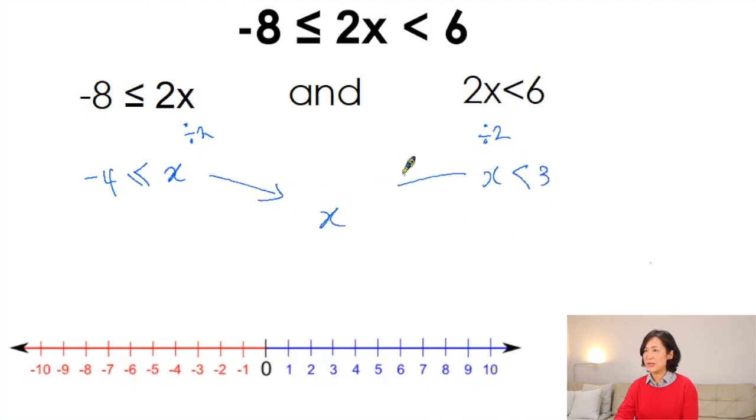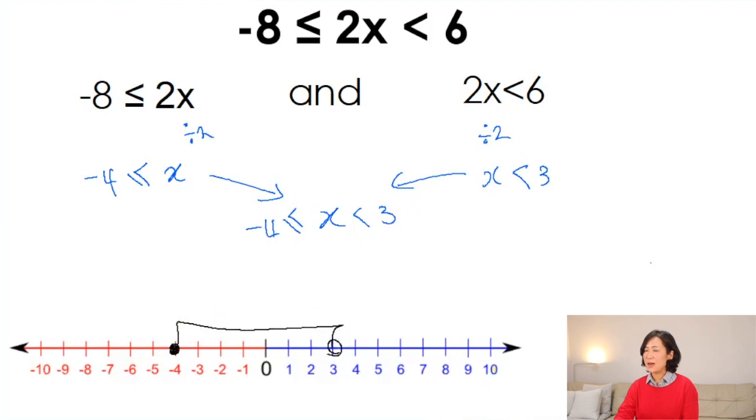Let's put them together. Our final solution will satisfy both inequalities, right? So x is greater than or equal to minus 4 and less than 3. Good job. Now let's put them on the number line. We have a closed circle and an open circle, then let's connect them together.